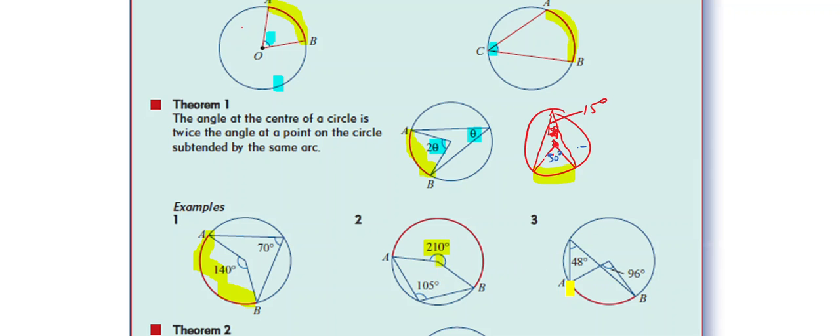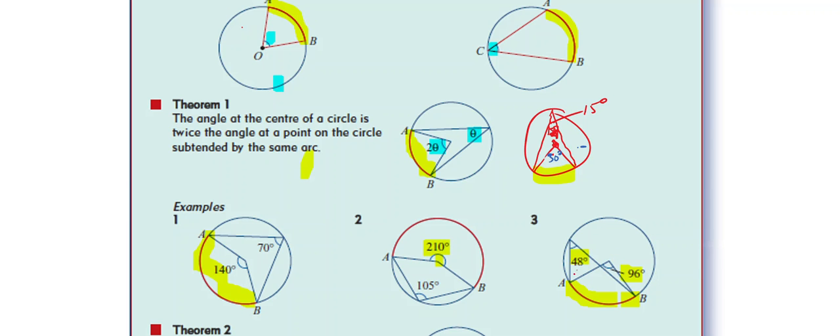Similar here, this is my arc. The angle going to the center, if that's 96 degrees, then the angle going to the outside, okay, covered by the same arc, going to a point outside the circle, is 48 degrees. So you can see that the one going to the center is double the one going to the outside.